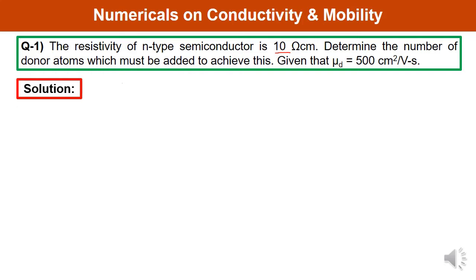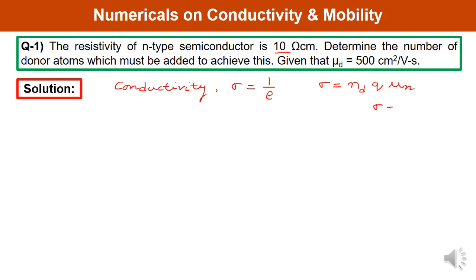You know how to write down the conductivity? Conductivity is 1 upon resistivity, and this formula you know: N of the donor atoms, Q, mobility of donor atoms.